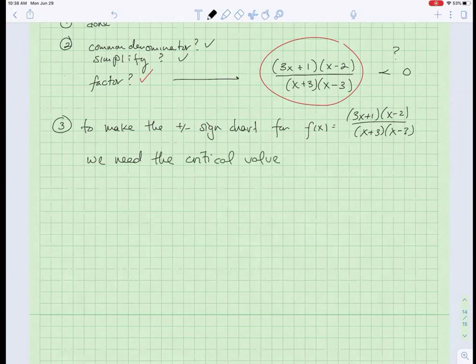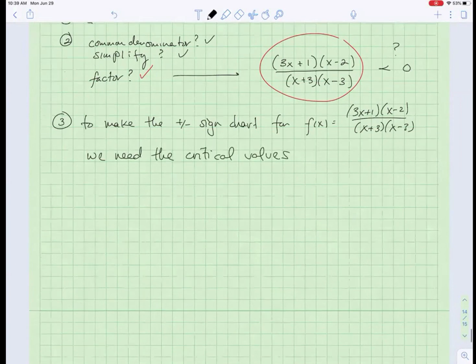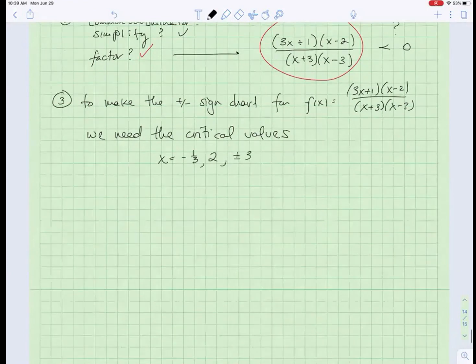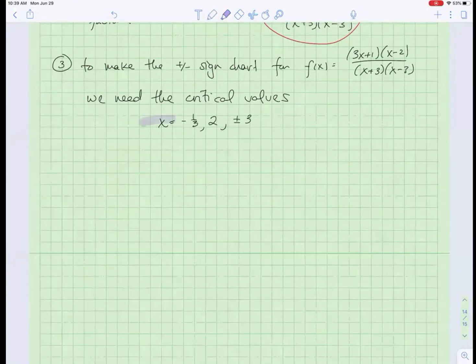Those are the values that make the top or bottom 0. So those were x equals negative 1/3, 2, and plus or minus 3.